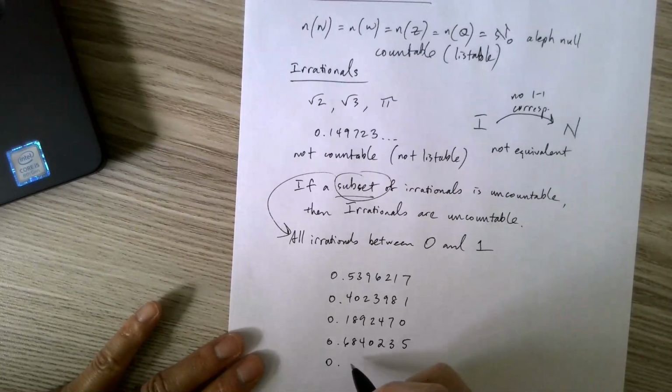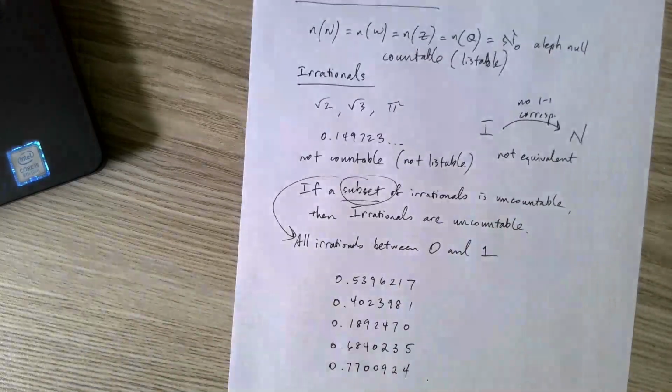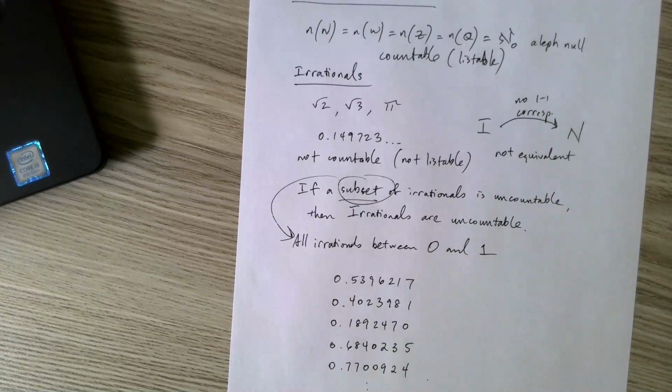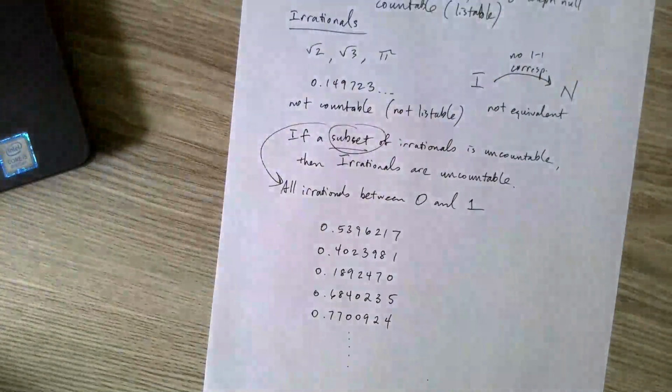And I'll just do one more. Okay, there we go. I'm going to put dot, dot, dot here because there are many more irrationals between 0 and 1.